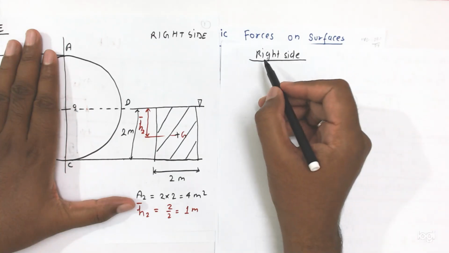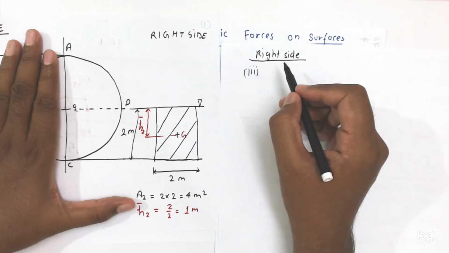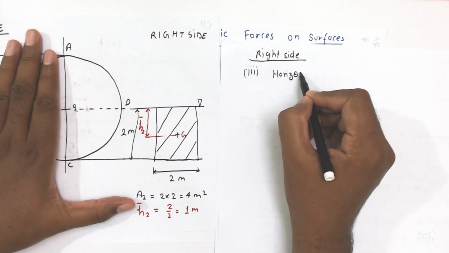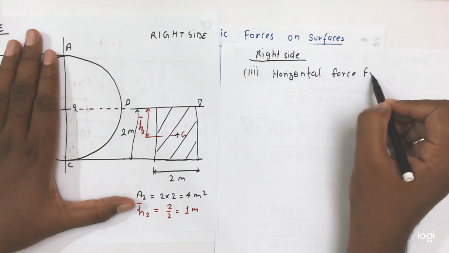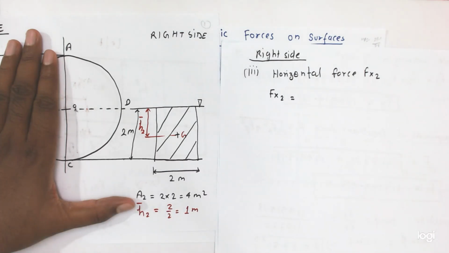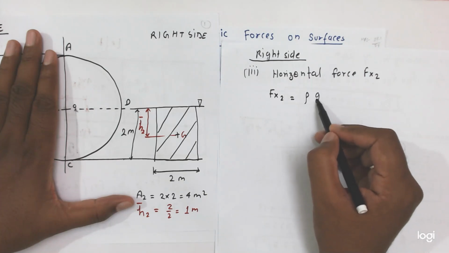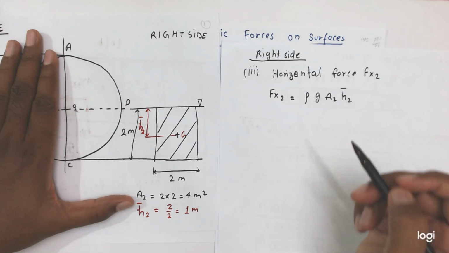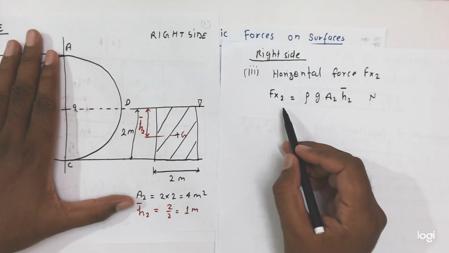So on the right side we have to consider the third part, horizontal force Fx2. So we know that friends, Fx2 equal to rho g A2 into h2 bar. So this is the Newton. This is the horizontal component of force in the right side.